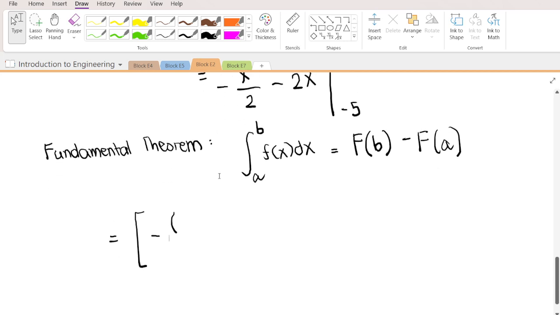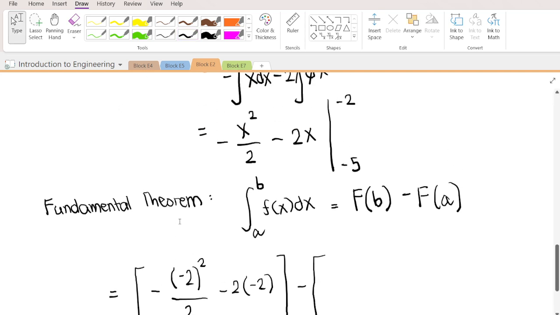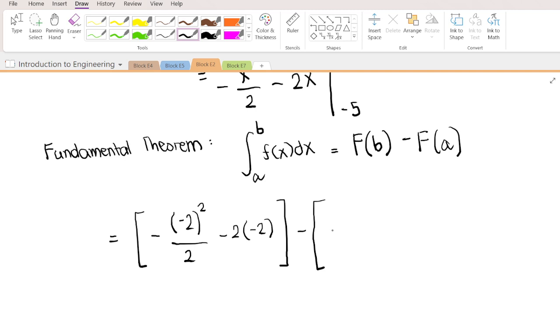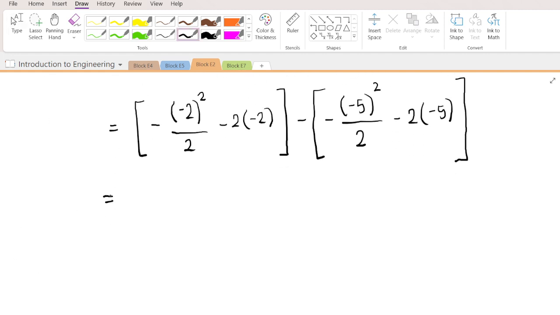So we have upper limit first, negative 2 squared over 2 minus 2 times negative 2, minus, we have here, negative 5 squared over 2 minus 2 times negative 5. Okay, so we're going to solve for this one.